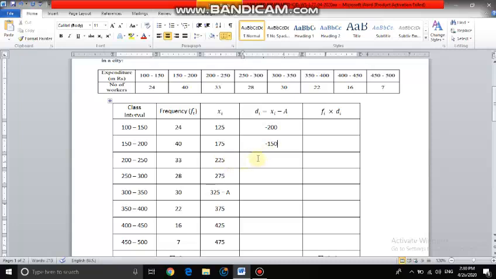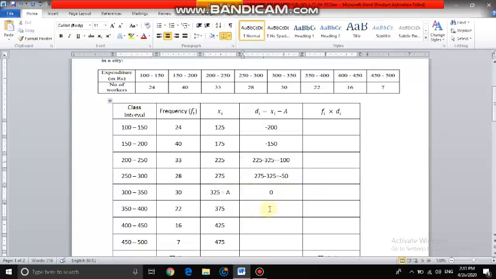Then 225 minus 325 equals minus 100. So I've written examples of how we are subtracting. Then let me write another one: 275 minus 325 equals minus 50. If you observe the numbers, each time 50 is increasing: minus 200, minus 150, minus 100, minus 50. Then here 325 minus 325, that will be 0.